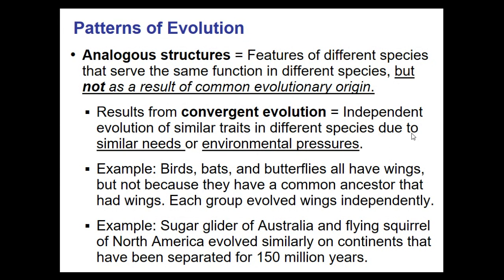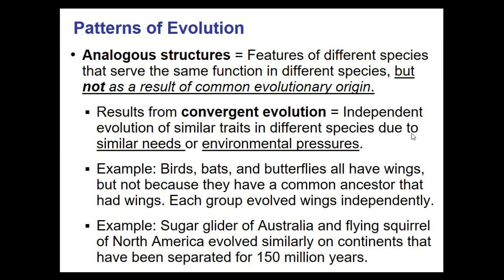Wings are an example of analogous structures. If you compare the wings of a bat, a bird, and butterflies, they all have wings and they all use them for flying. But those 3 groups of animals did not all inherit that feature from a common ancestor that had that feature.